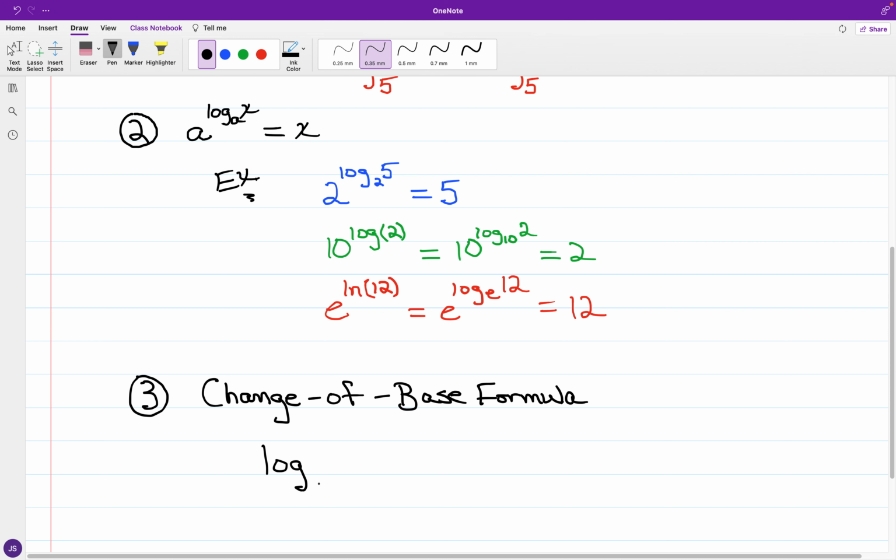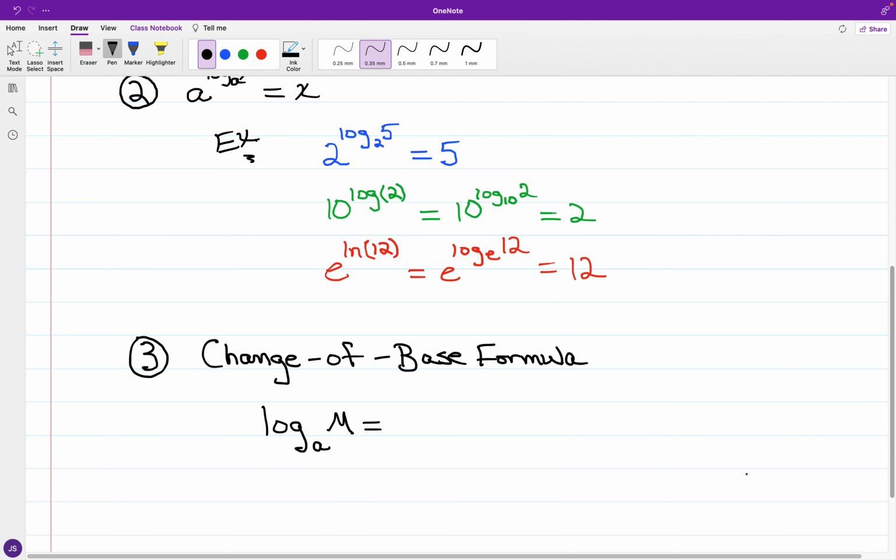Here, say we have a base a logarithm of m. Just from what we see right away, a and m are not the same letter. And if I were to apply a kind of reduction, where we can use, let's say, a scientific calculator, especially a commonly used one, we can write this as a ratio of terms involving a different logarithmic base.